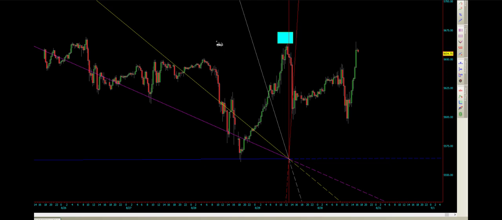Remember, we are dealing with probabilities. There's no 100% in this business. That is the reason why we deal with stop losses, and we go 1 to 3, 1 to 5, 1 to 10, and we do some tactical trading. So if you know this top or this bottom is projected hours in advance, you can take advantage.